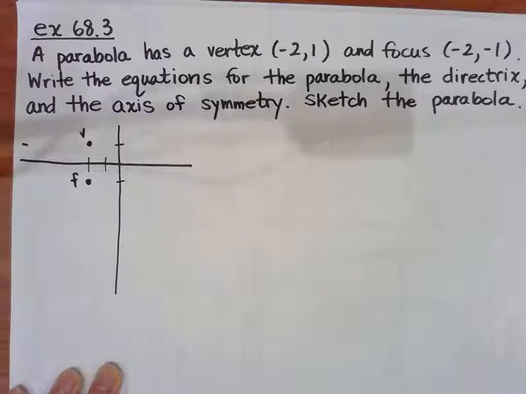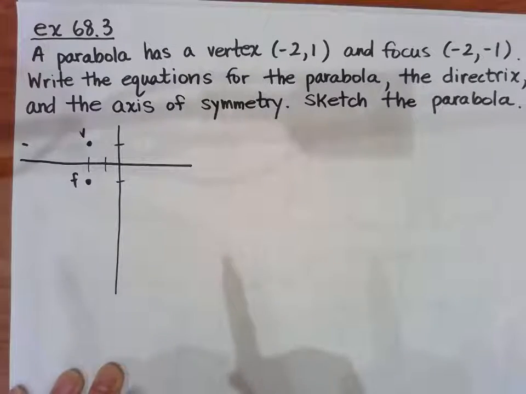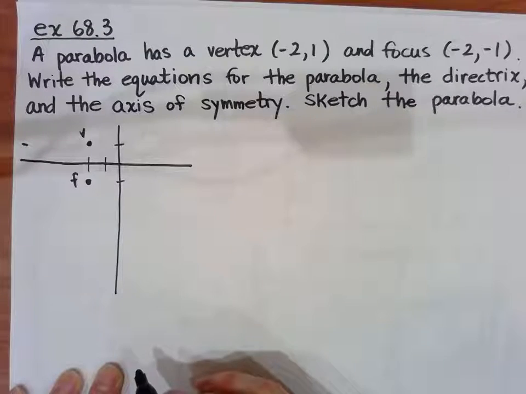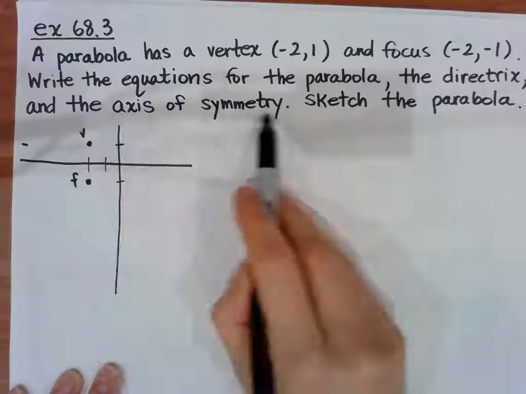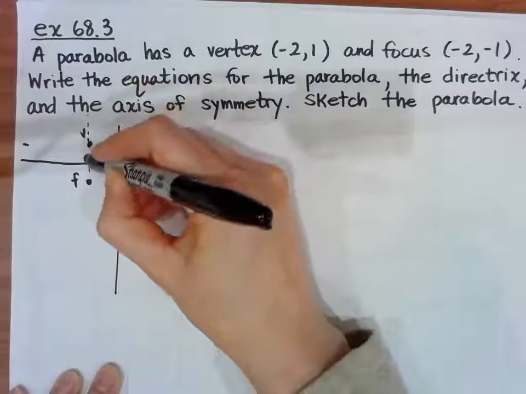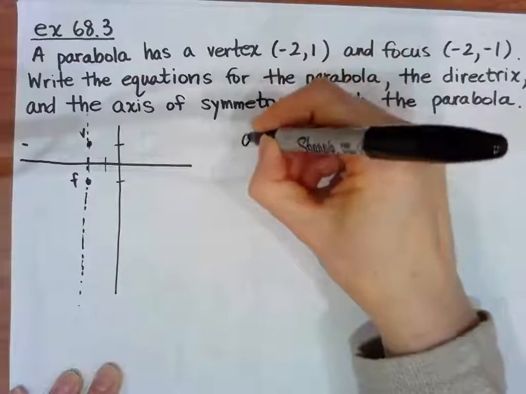Okay, so we need to figure out what the equation for the parabola is going to look like, then the directrix, the axis of symmetry, and sketch the parabola. Alright, so the easiest one is the axis of symmetry. Clearly, an axis of symmetry has to go through that vertex and the focus.